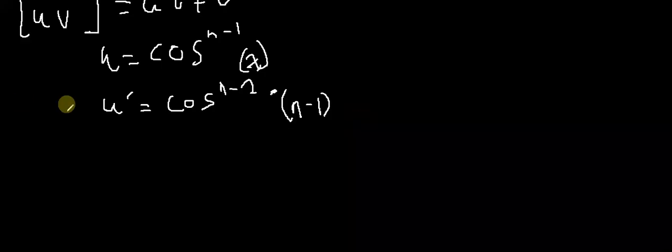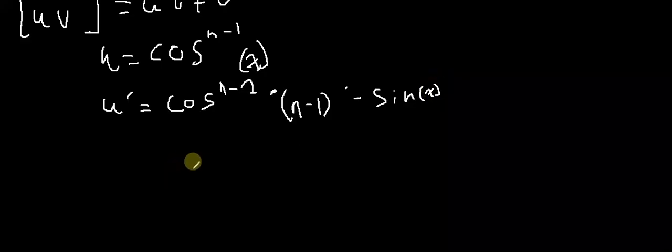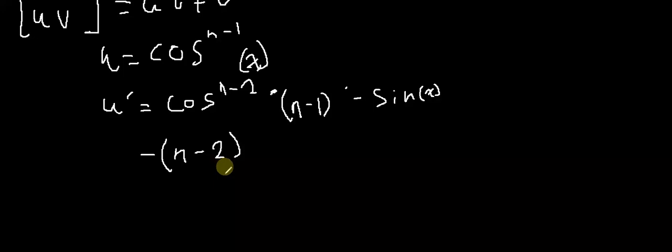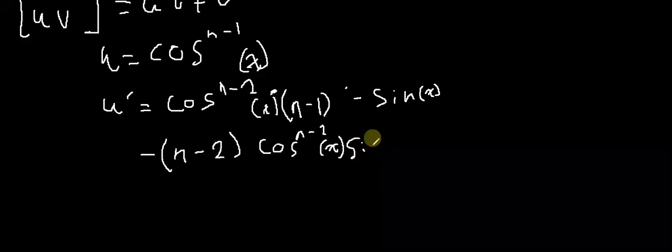And then finally, don't forget about the sine function, so times negative sine of x. We could just rewrite this as minus n minus 1 times cosine to the n minus 2 of x times sine x.